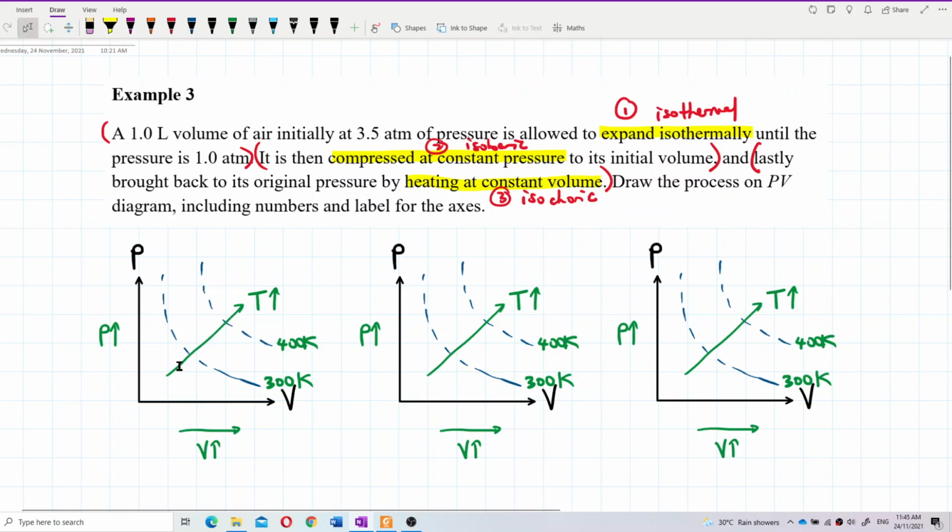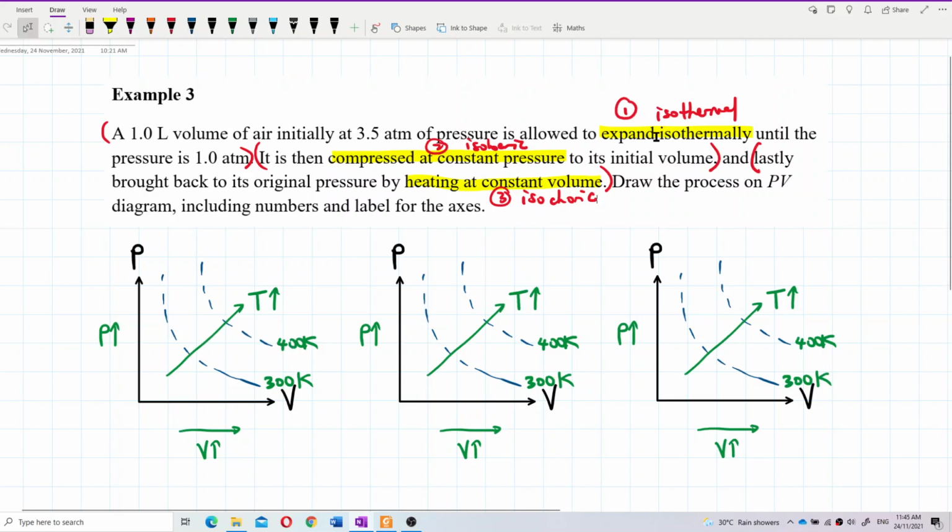When the graph goes away from both axes, the temperature increases. As you can see, each isothermal line represents a temperature. The line nearer to the axes is lower temperature, and the isothermal line further away from the axes is higher temperature.